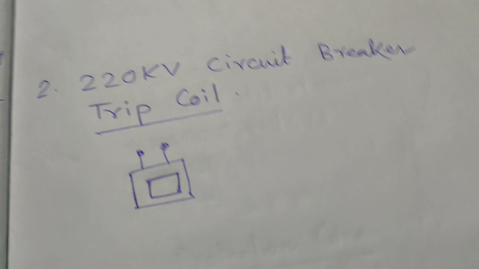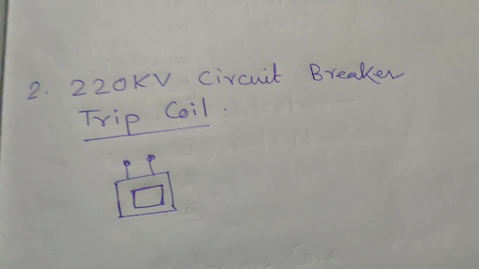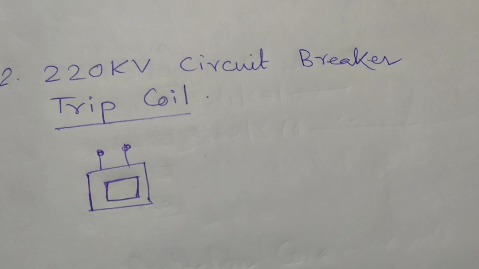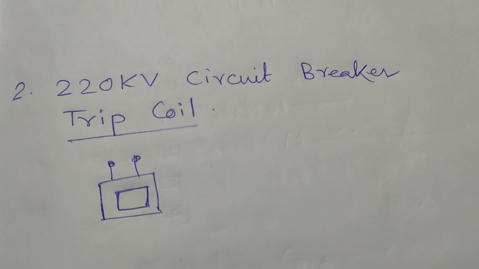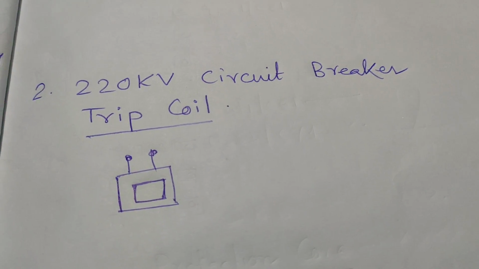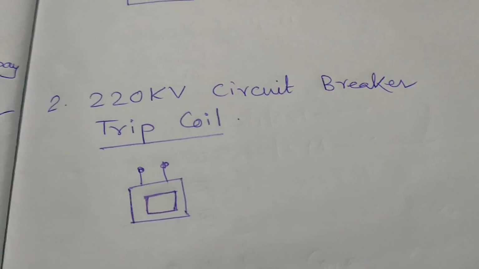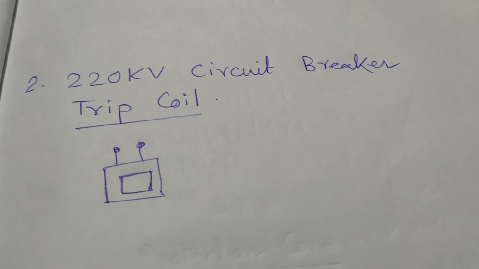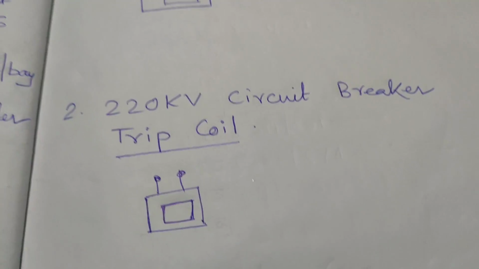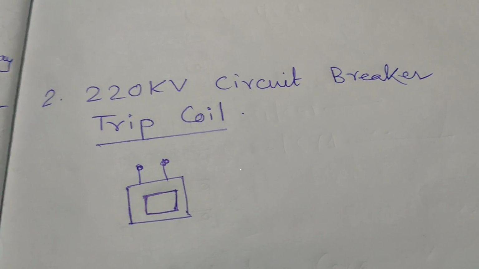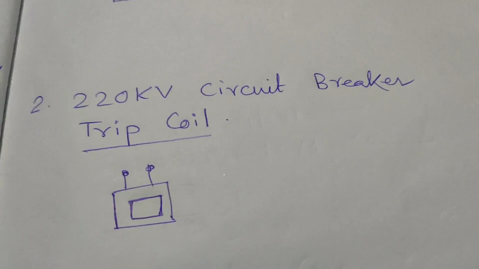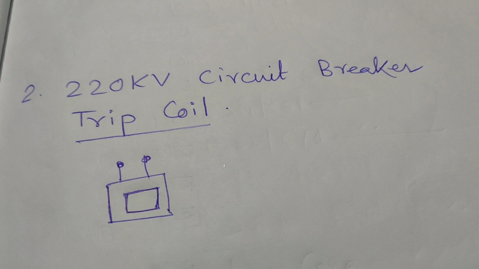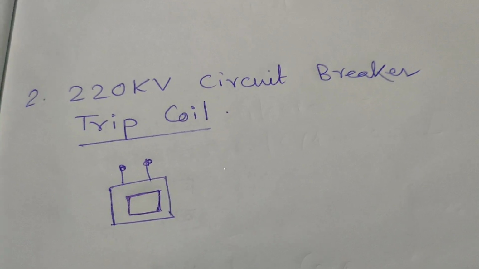The second problem occurred regarding the 220 kV circuit breaker trip coil. Today we thoroughly maintained the 220 kV bay, and after the 220 kV bay maintenance we took clearance from the SLDC and charged the line accordingly.